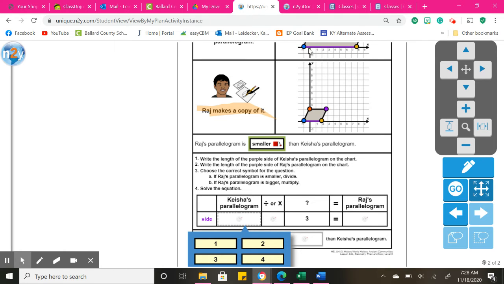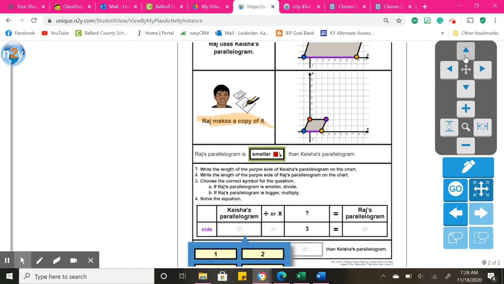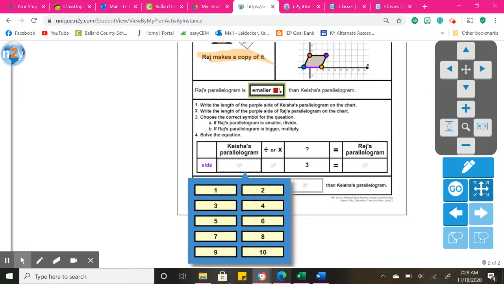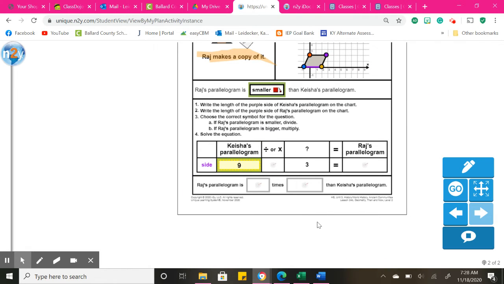And I'm just counting the boxes then. So 1, 2, 3, 4, 5, 6, 7, 8, 9. I believe it's 9. I don't know. We'll check. It's not 9. I think it's 8. 9. Okay, it's 9.